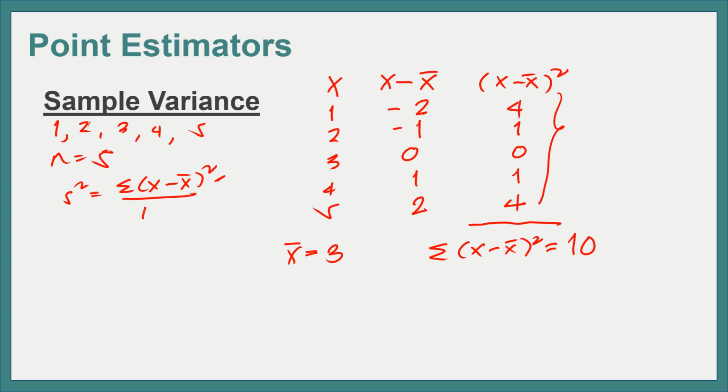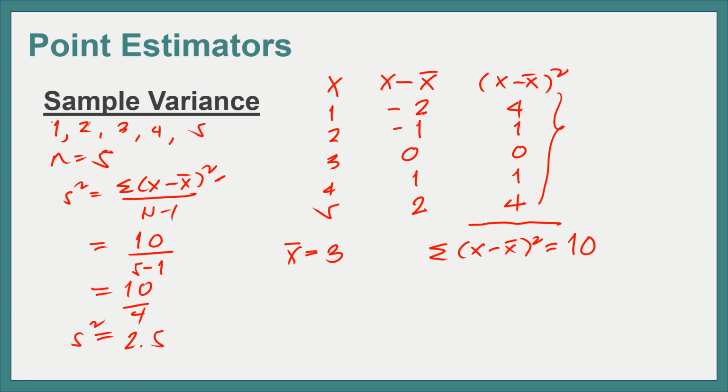So, let us now substitute into our formula. We have here 10 divided by n minus 1. We have here n, which is 5, minus 1, which gives us 4. So, 10 divided by 4 is equal to 2.5.